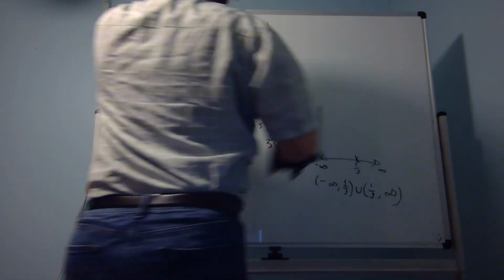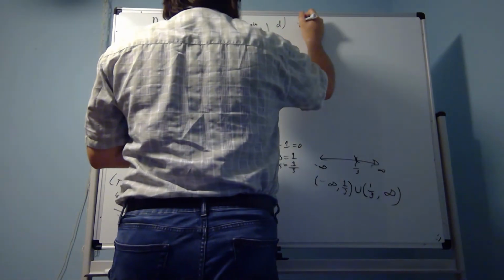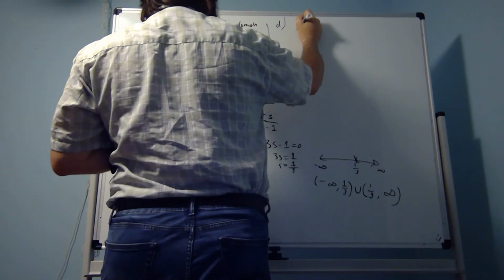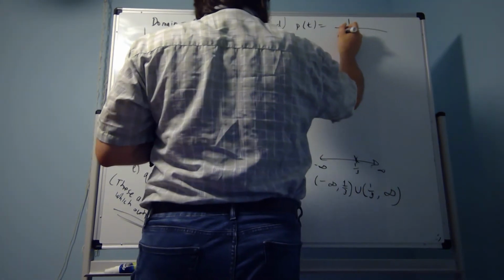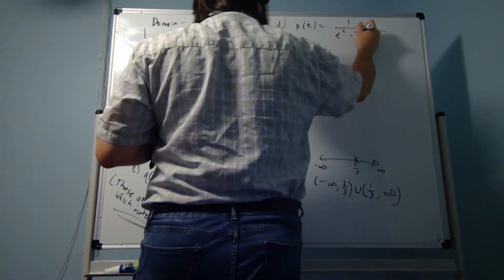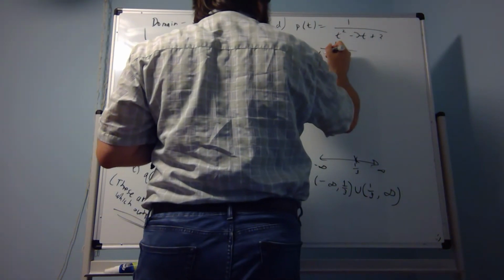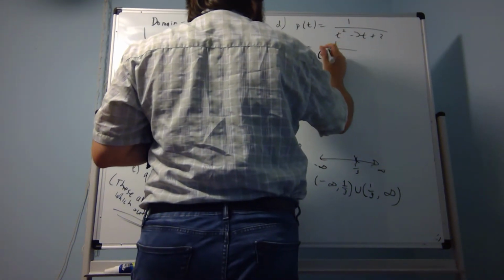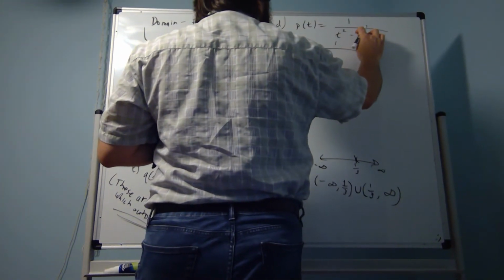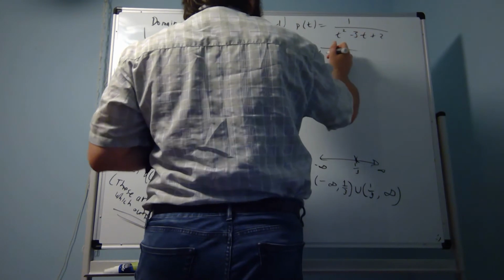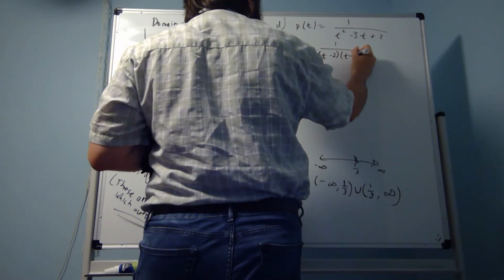I wanted to jump back to D. So D, again, we're finding the domain: P of t is equal to 1 over t squared minus 3t plus 2. The way it's originally written, it's unclear how you make that denominator equal to 0, where the bad things happen, but if you factor it, suddenly it's a lot more clear.